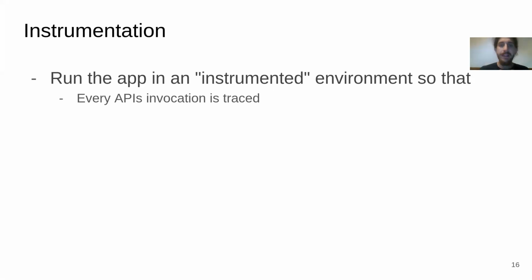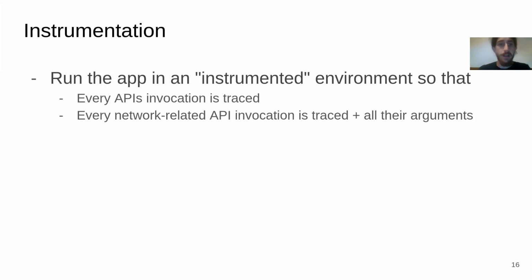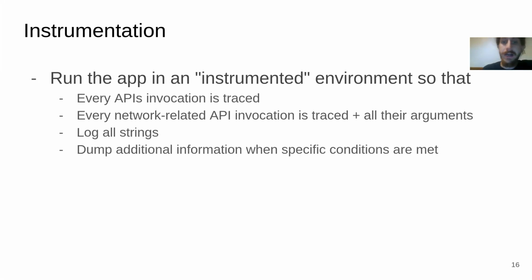One example could be that you run it in an instrumented environment so that every API invocation is traced. So you have the list. Or every network-related API invocation is traced with all the arguments. So you know if you're contacting Google and what you're sending to it. Or you can log all the strings that are used. Or you can dump information only when specific conditions are met.